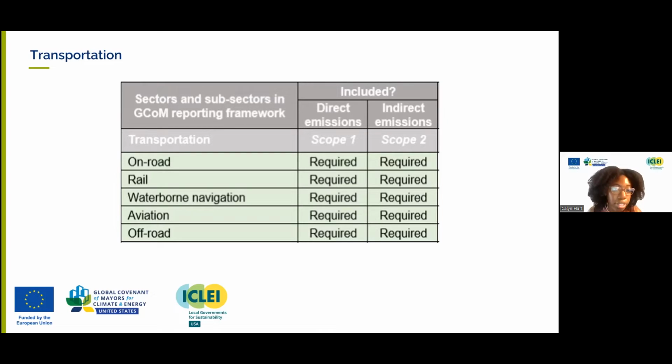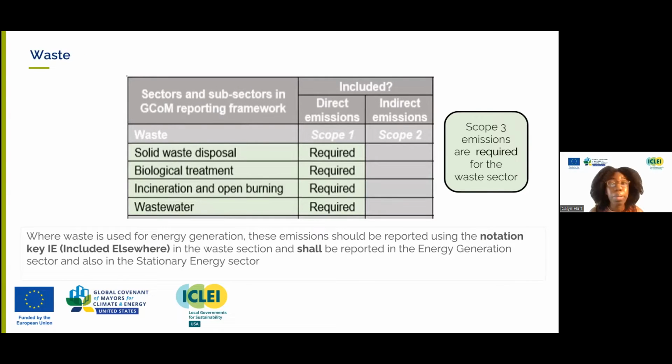And if these other sectors either don't occur within your city boundary or are insignificant emissions, you'll be able to use the notation keys for that. But really, looking at these subsectors within transportation, scope 1 and scope 2 would be required for these subsectors.